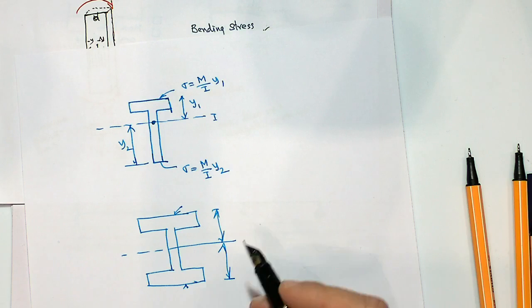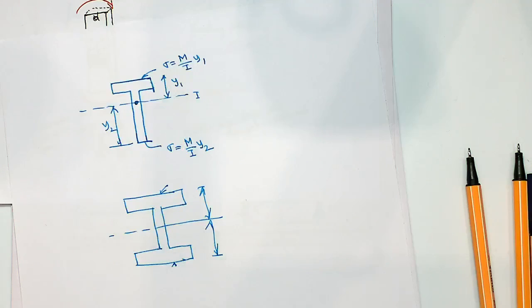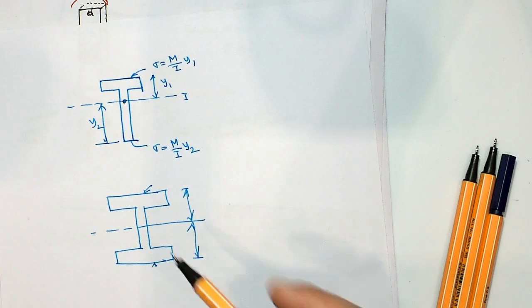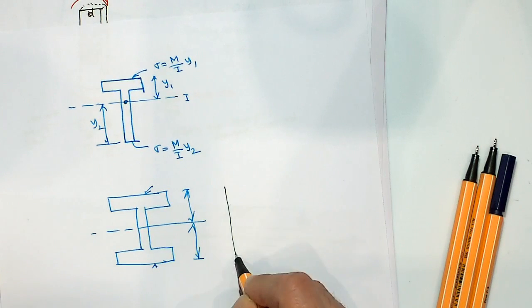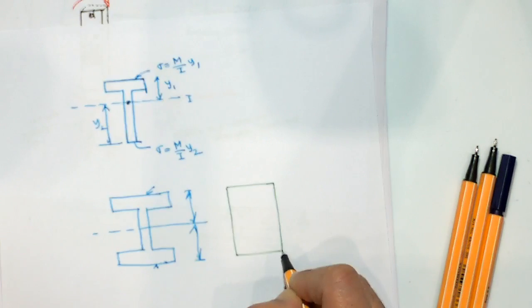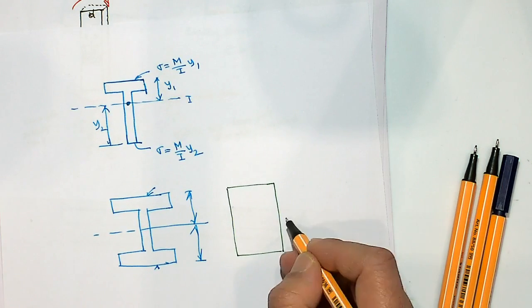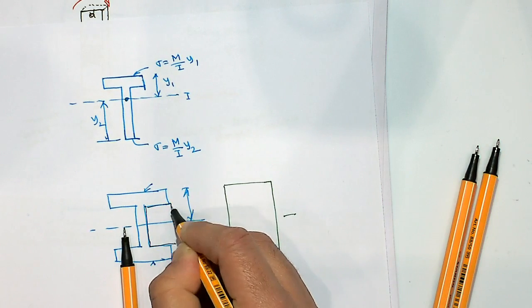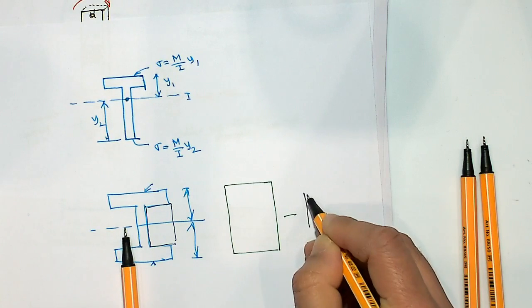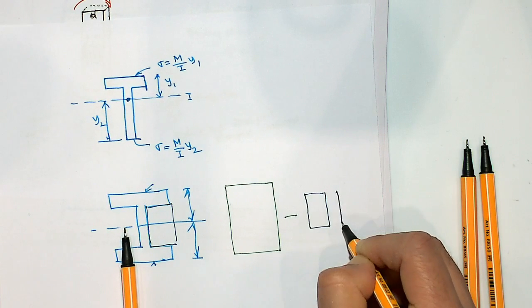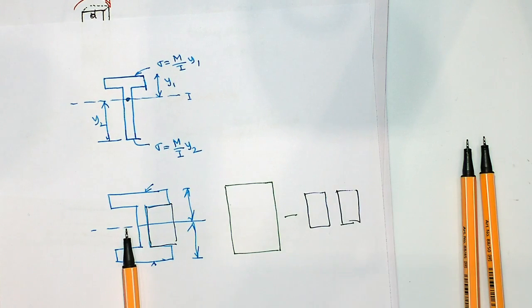Oh, I see. So what you can do is, you can take this I section as made up of that minus two of those.